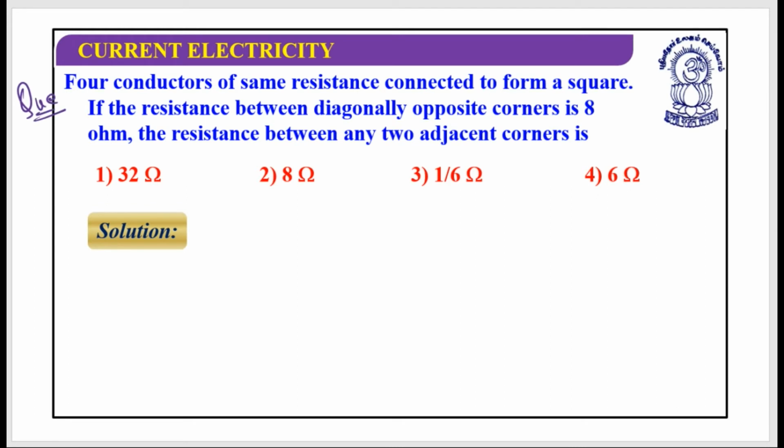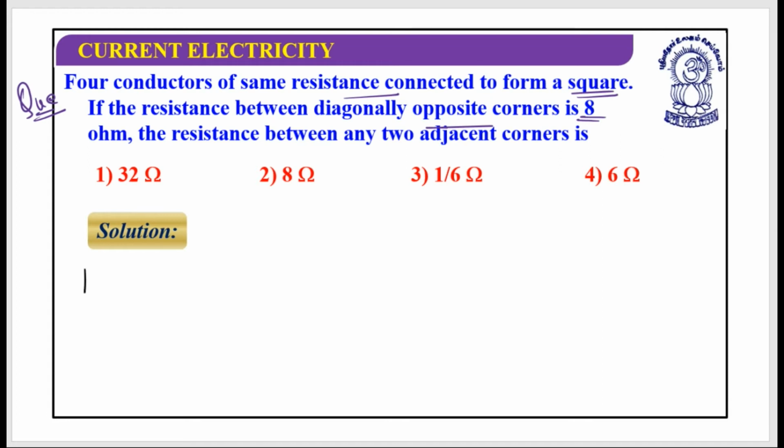Next, look at this. Four conductors of the same resistance connected to form a square. If the resistance between diagonally opposite corners is 8 and the resistance between any two adjacent corners, now start doing it.